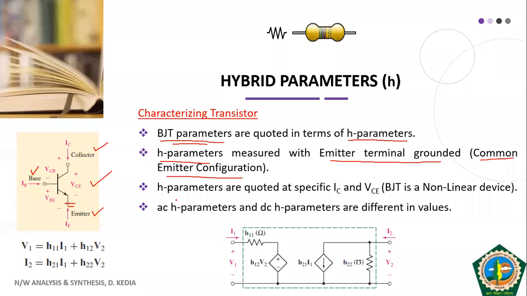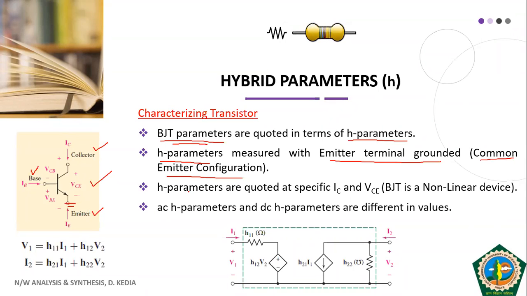Earlier, if we found H parameters, Z parameters or Y parameters, they were applicable for all possible values of currents and voltages, because our circuit was linear. If your input current or input voltage changed, your output voltage and output current would change in a linear fashion corresponding to your input values.